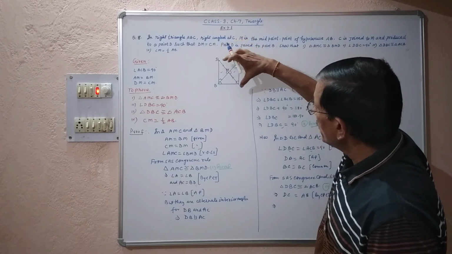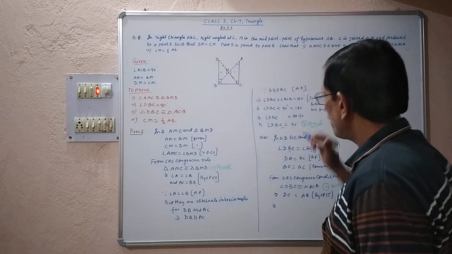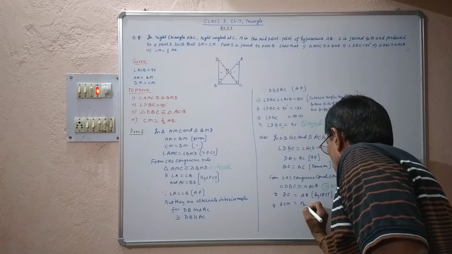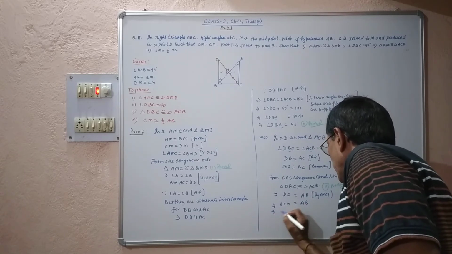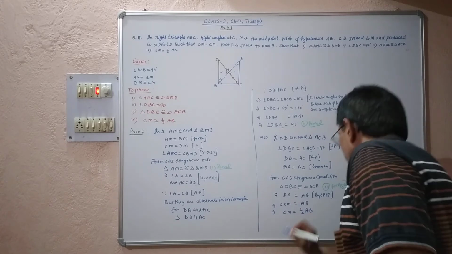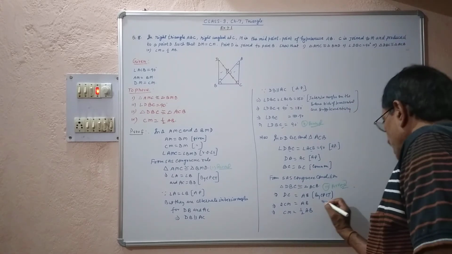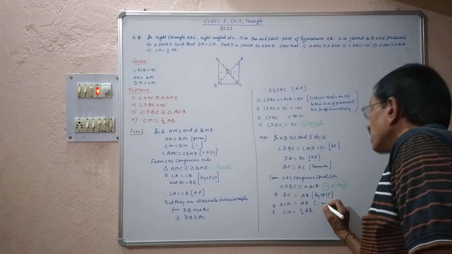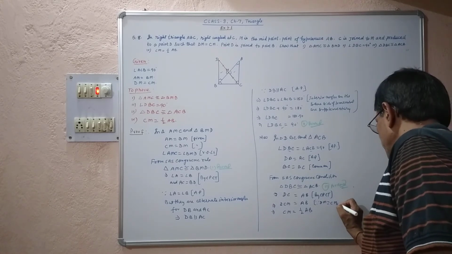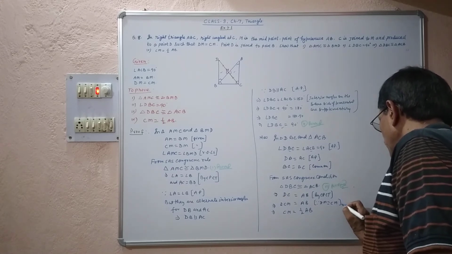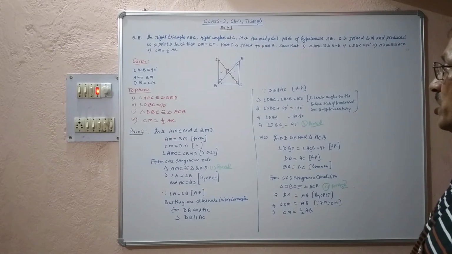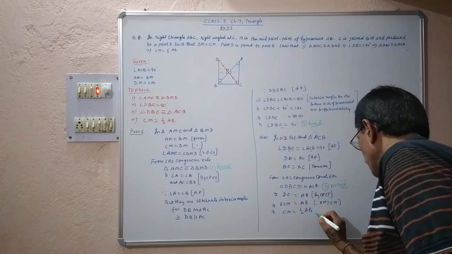So we will write for DC twice of CM is equal to AB. This implies CM equal to half AB. And here we can write since DM equal to CM. So CM equal to half AB, just we have proved, that is fourth is proved.